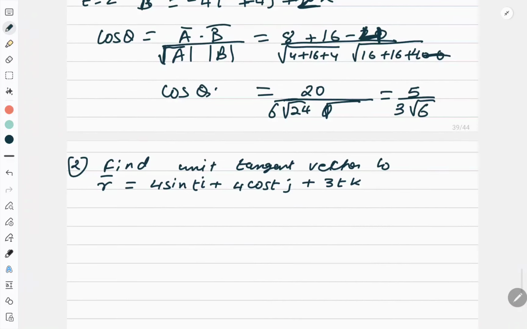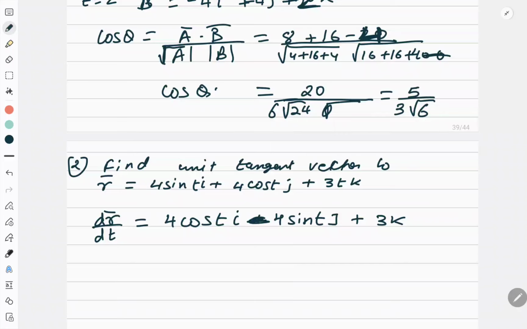Okay. Now let's move to the next question. Find the unit tangent vector for this. Again, unit tangent vector means dr by dt. Okay. So it is 4 cos t i plus 4 sin t j plus 3k. Here it should come minus, right? Now unit means I need to divide it by its magnitude. So first let me find the magnitude.